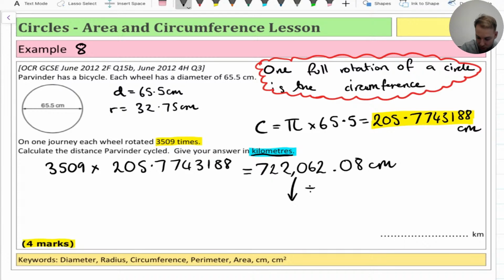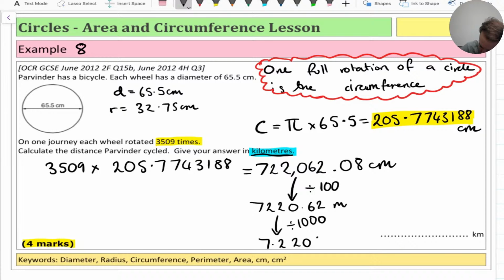If you think about a meter rule, 100 centimeters. Then remember kilometer means 1,000 meters, so to find how many kilometers, I need to divide by 1,000. So if we divide this by 1,000, it's going to be 7.22062. I'm not going to need all of that, so it's just going to be 7.2 kilometers.